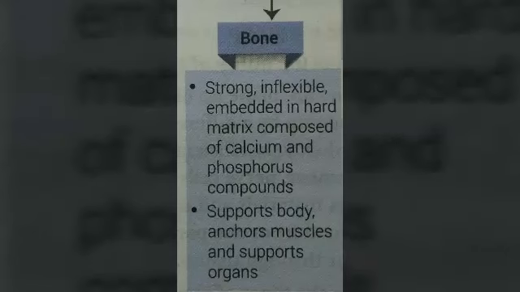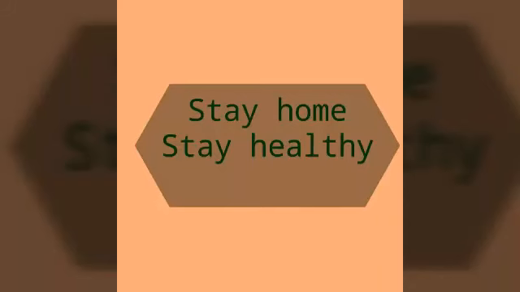The structure of bone consists of osteoblast cells embedded in a hard matrix of calcium and phosphorus, with circular canals called Haversian canals. So it is found in the hard matrix substance, and the canals present between them are called Haversian canals. So today we have studied connective tissue and epithelial tissue.